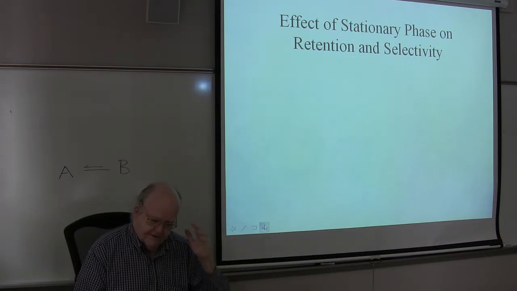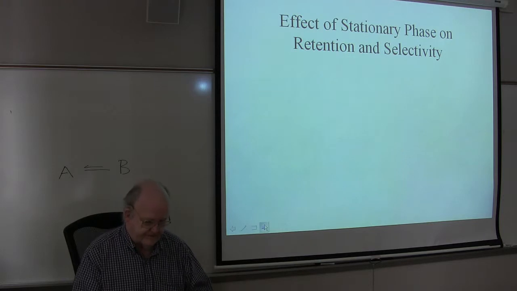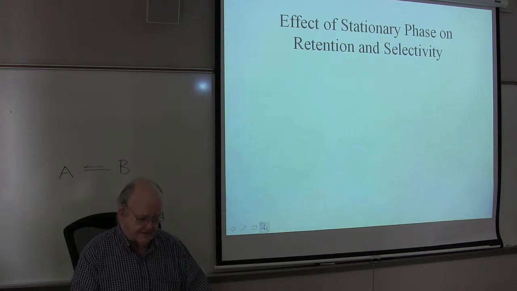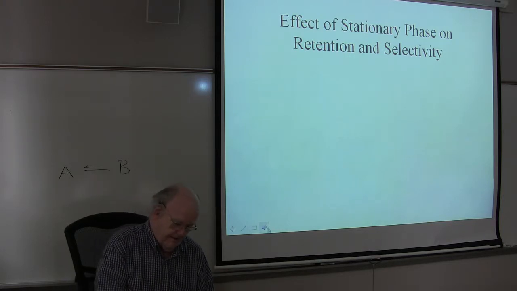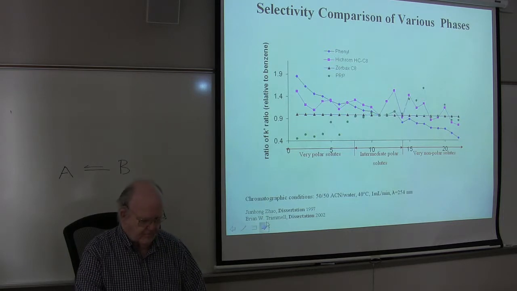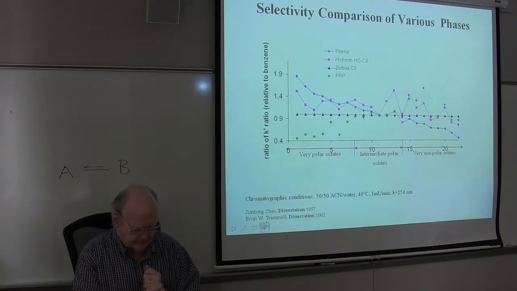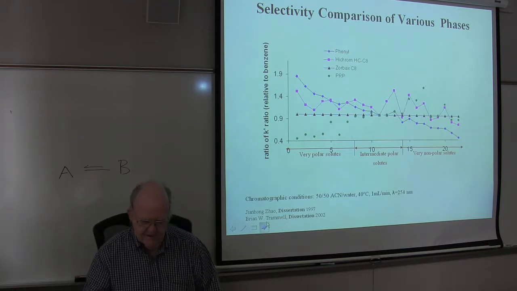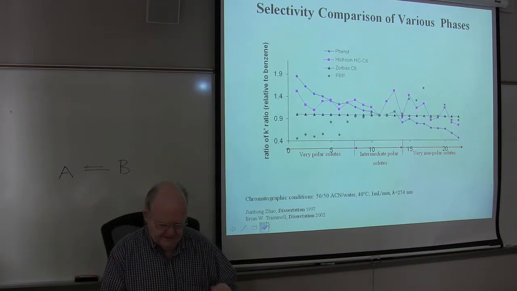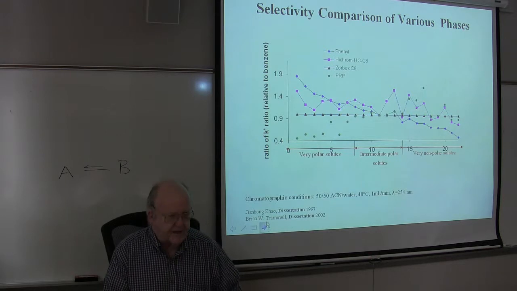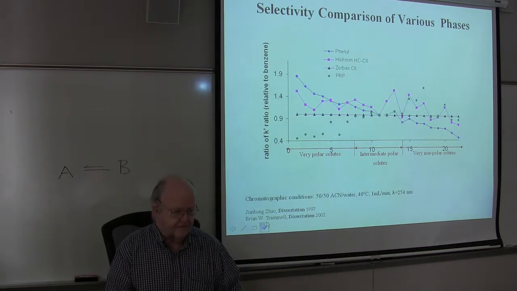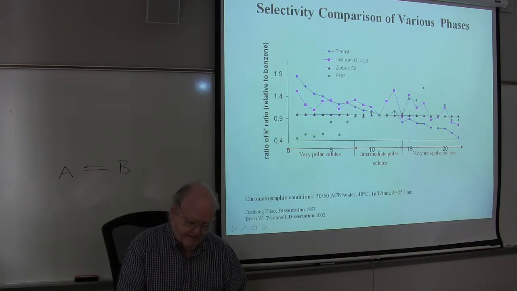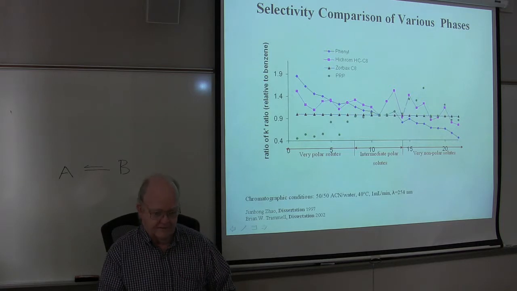Okay, so we're done with mobile phase issues and we're moving into stationary phase issues. Let me explain this chart. There is a set of about 23 different solutes that we're using here. Each of these data points corresponds to a different solute.